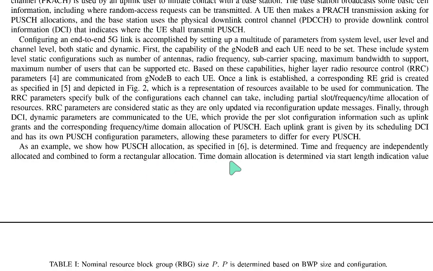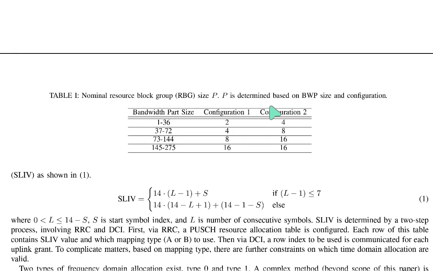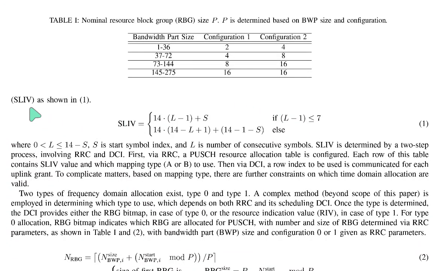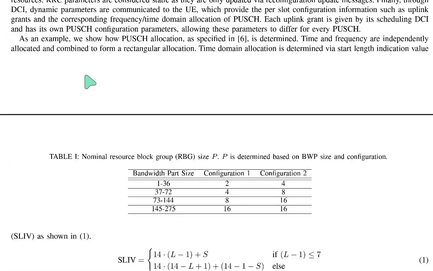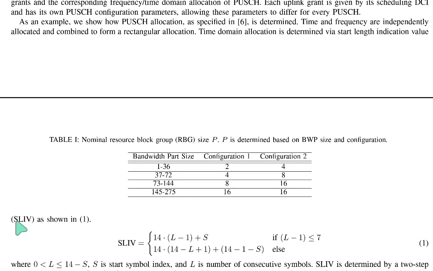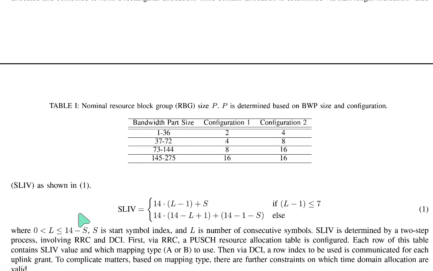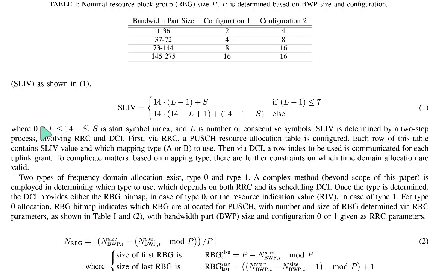The time domain allocation is determined by a start length indication value, SLIV, as shown in equation 1, where L is greater than 0 and less than or equal to 14 minus S, S is the start symbol index and L is the number of consecutive symbols.